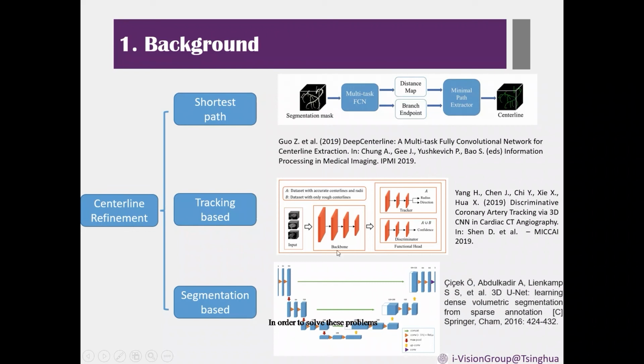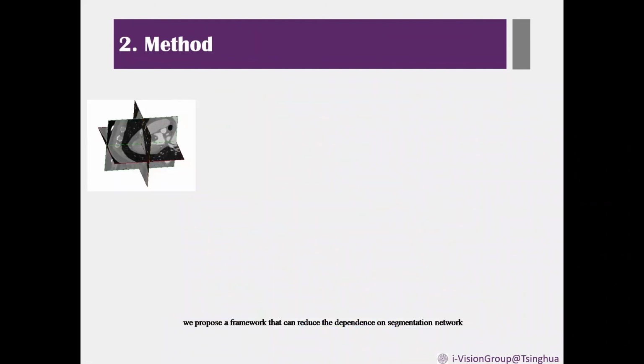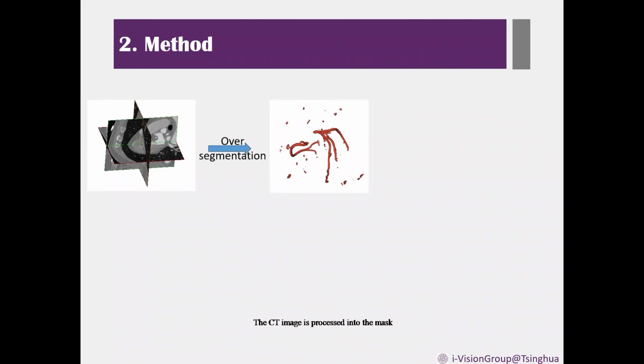In order to solve these problems, especially the massive demand for data, we propose a framework that can reduce the dependence on segmentation network. This picture shows the flowchart of the proposed algorithm. The CT image is processed into the mask of the coronary artery by an over-segmentation network.